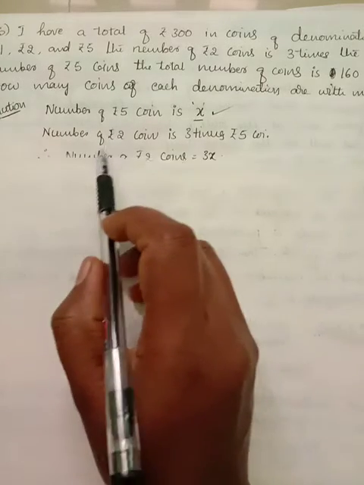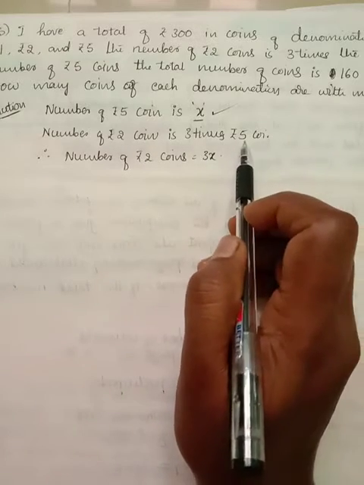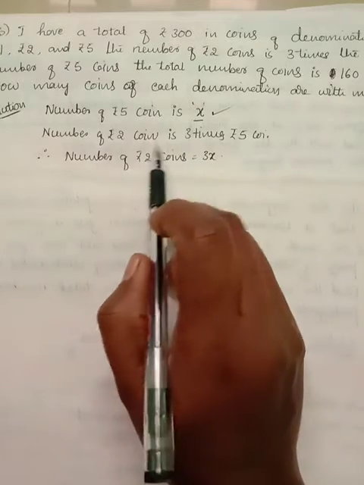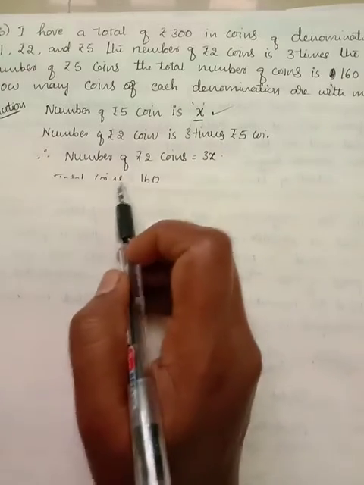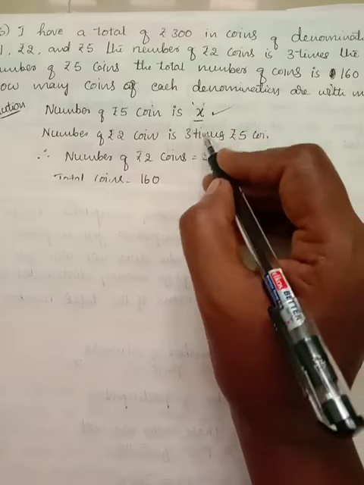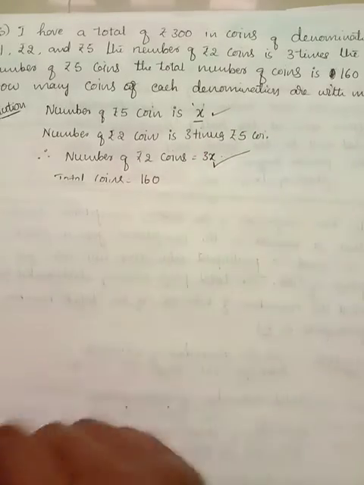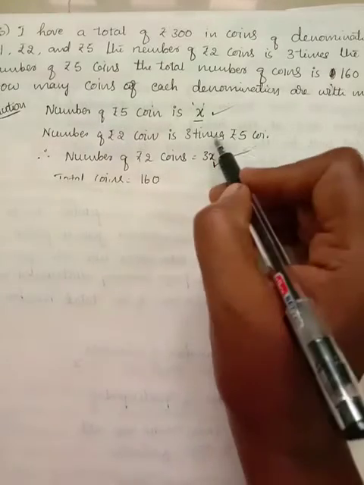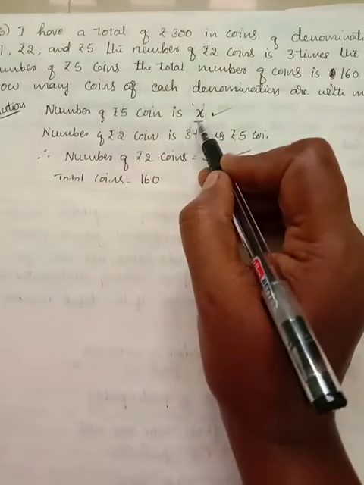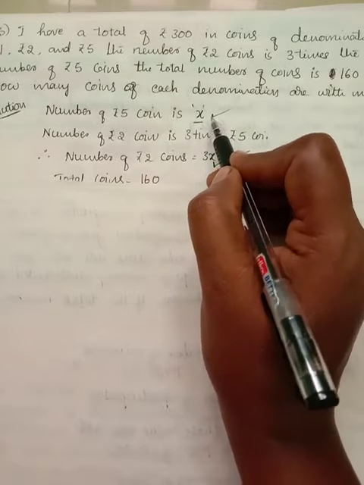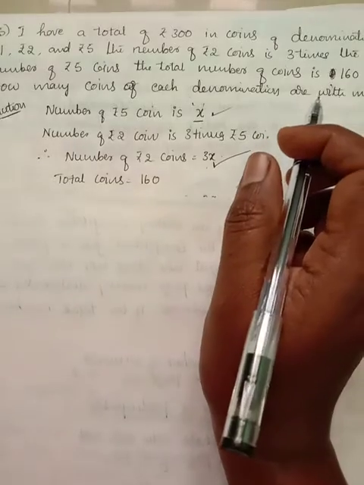The number of 2 rupee coins is 3 times the 5 rupee coins. So therefore the number of 2 rupee coins is how much? It will be 3 times, so then we write that it is 3x. Since the 2 rupee coin is 3 times the 5 rupee coin, and we write the 5 rupee coin as x, therefore the rupees 2 coin is 3x.